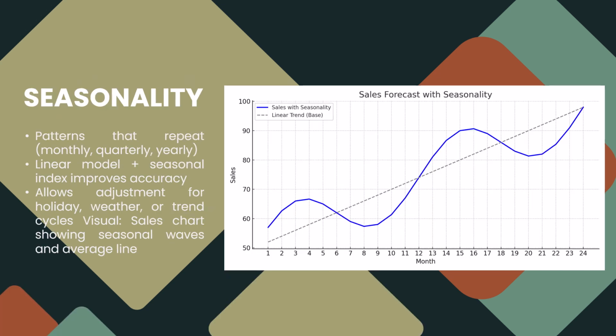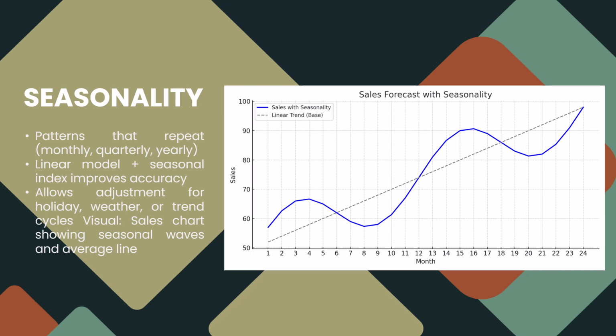So, seasonality. Many industries like retail or tourism have sales patterns that follow the calendar. These seasonal patterns can distort predictions if not included. We use seasonal indexes to capture these fluctuations, improving accuracy. Seasonality models are crucial when trends repeat on a regular cycle, like holiday shopping or tourism.